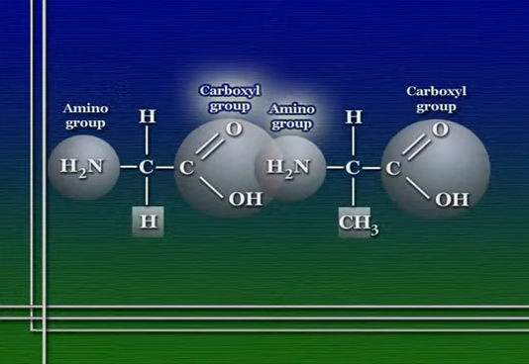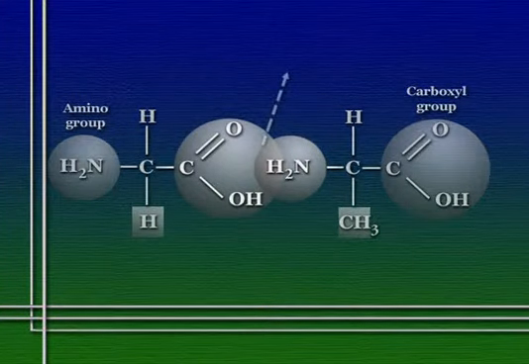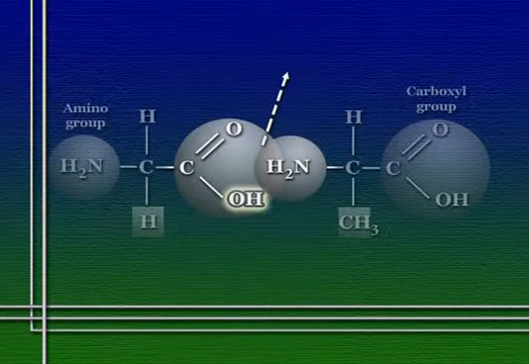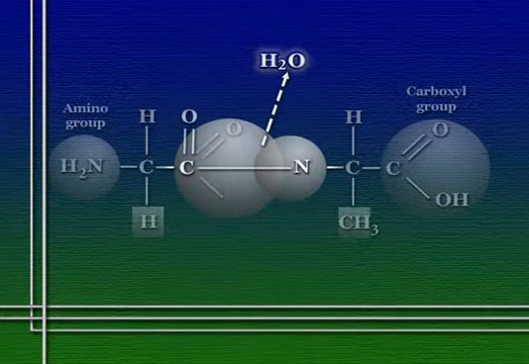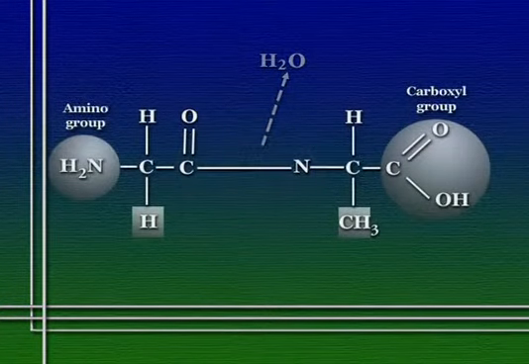Now, the details of this, again, don't matter. Really what happens is that a water molecule is formed when the hydroxyl of the carboxyl group joins with one of the hydrogens of the amino group. A water is lost, and then the nitrogen of the amino and the carbon of the carboxyl group are bonded together. There are just a couple of important points to make about this.